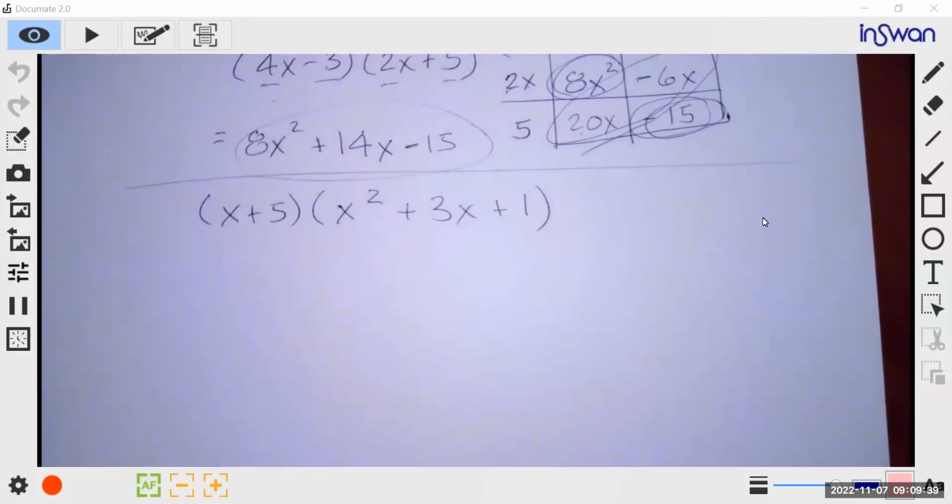And it doesn't matter which one you put on the top and which one you put on the side. It doesn't matter. It's going to give you the same answer. I'll show you. I'll do it both ways.